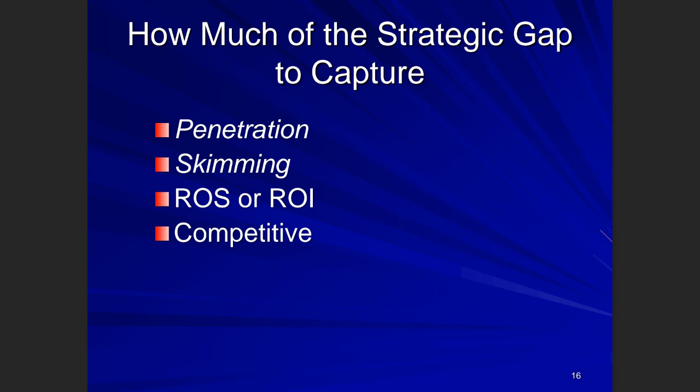So while we want to understand, use, and consider the array of marketing metrics that we have available to us, such as ROS, ROI, and others, we don't want to rely exclusively on these metrics for the reasons that I just mentioned.